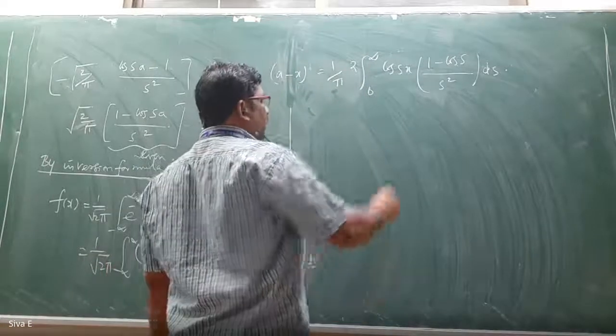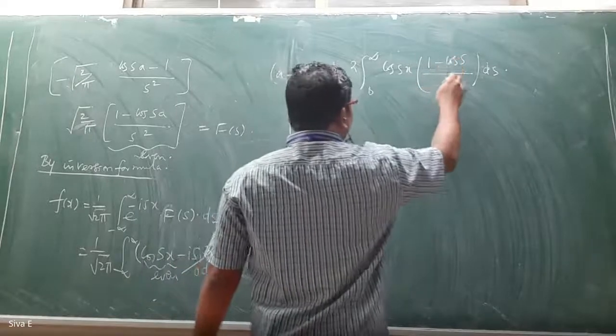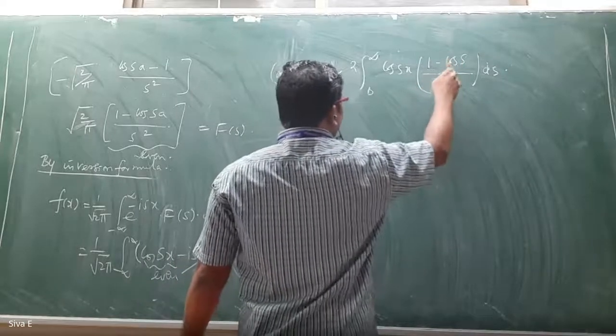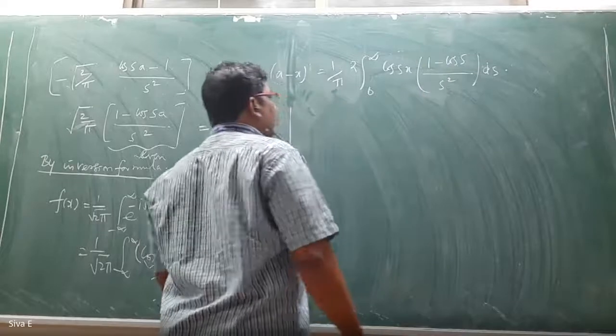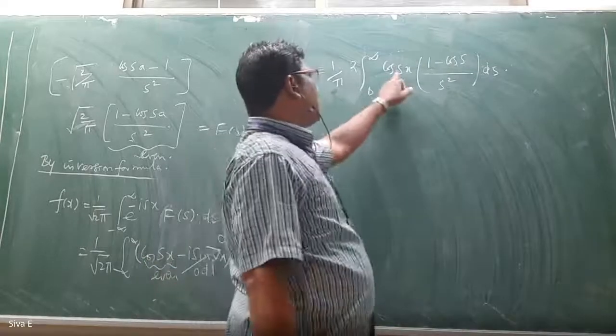But we need only that sin t by t whole square. Therefore, that cos sx will not come.